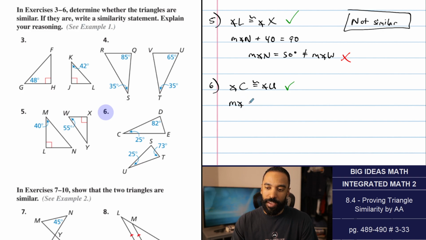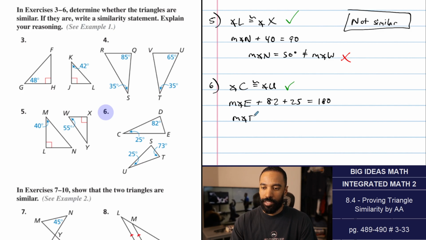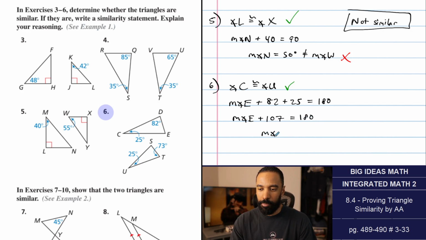So let's see how the measure of angle E holds up. Let's add it with 82 and 25, set it equal to 180 degrees. That's 107. And if you subtract 107 from both sides, you do get 73 degrees, which is the same as the measure of angle T. Therefore, angle E is congruent to angle T.